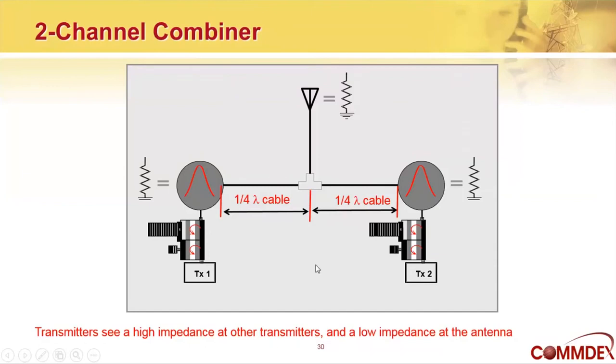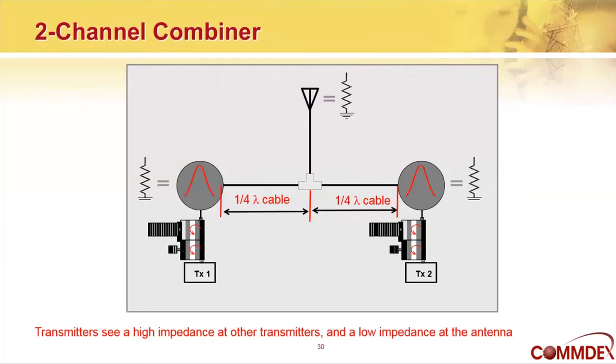So here's a simple example where we have a 2-channel combiner. Each transmitter is connected to the 2-stage isolator, then through a bandpass filter. And then in order to get from there to the combining point, we provide a length of quarter wavelength transmission line.